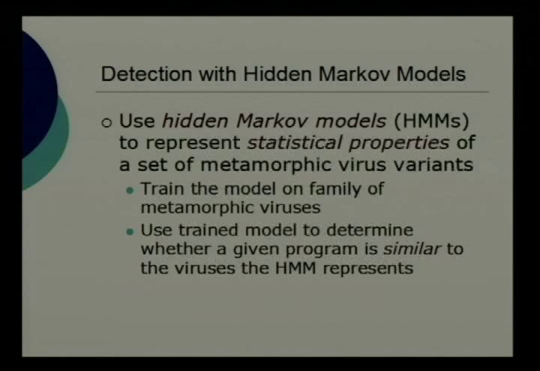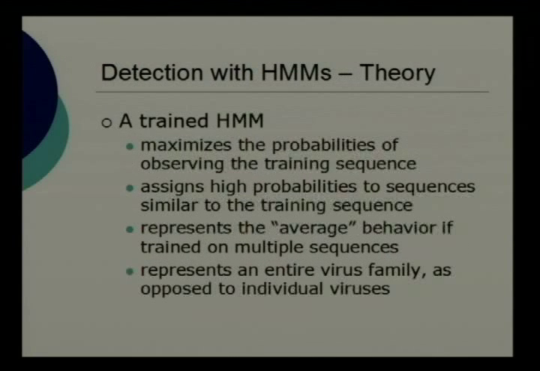So this is what we do. We use hidden Markov models to represent the statistical property of a set of metamorphic viruses. We train the model with one family of viruses, and then use the trained model to determine whether any given program is similar to the training viruses. The good thing about a hidden Markov model is that a trained model maximizes the probability of seeing the training sequence, and it also assigns high probabilities to sequences similar to the training sequence.